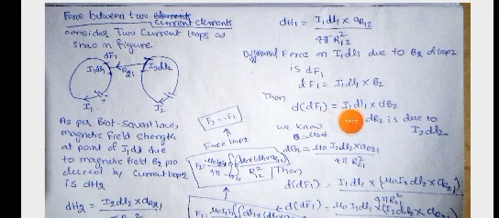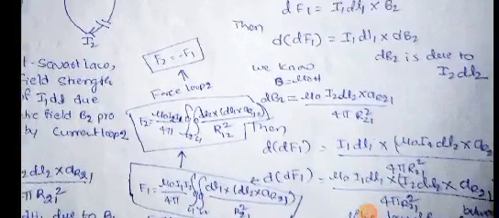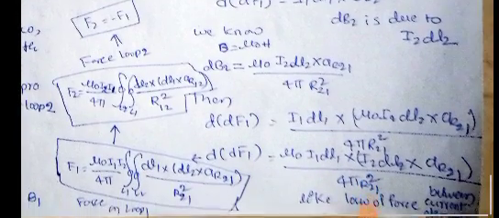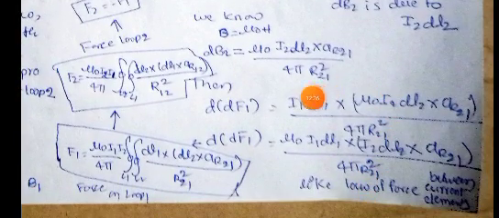So what is dB2? You know already B is equal to mu naught H. So dB2 is equal to mu naught into dH2, that is mu naught into I2 dL2 cross aR21 by 4 pi R21 square.